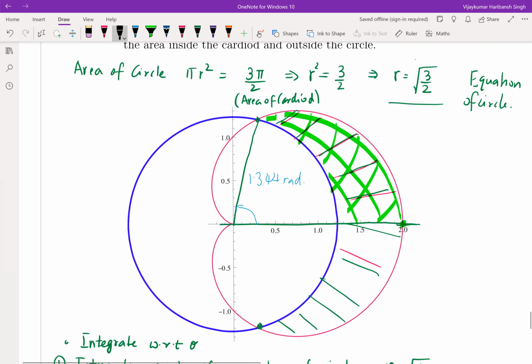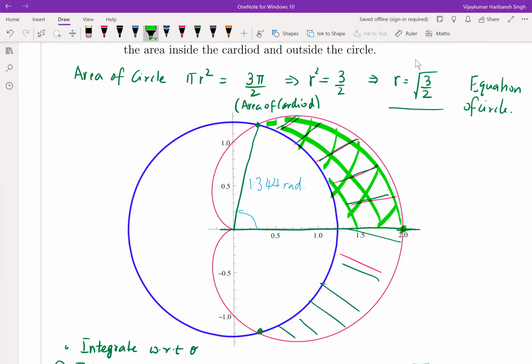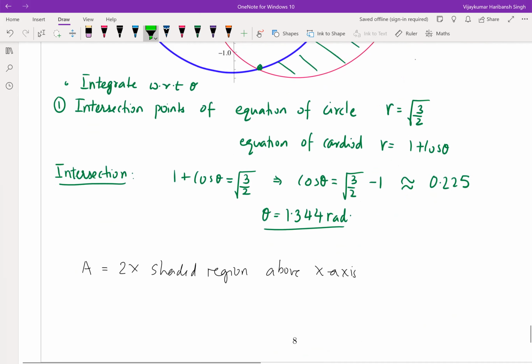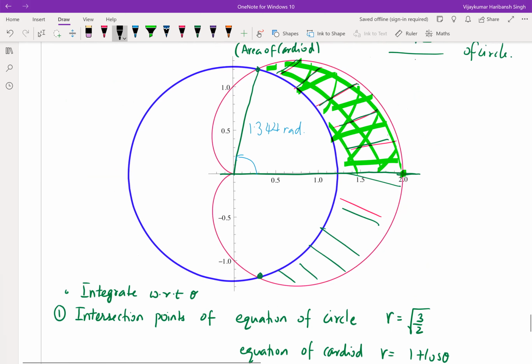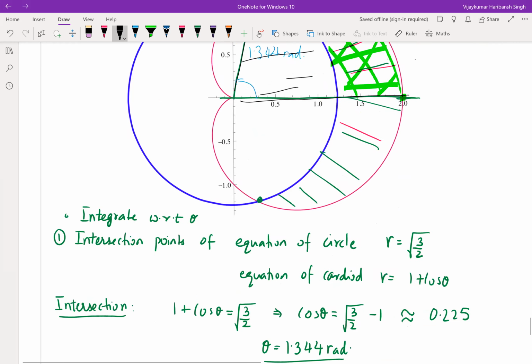So we are talking about this area here, shaded in this light green color. What is the area of the shaded region? We have first the area of the cardioid minus the area of the circle. Because if I integrate just the outermost, it will give me the whole part, but then I have to remove the area gotten by the circle from it.